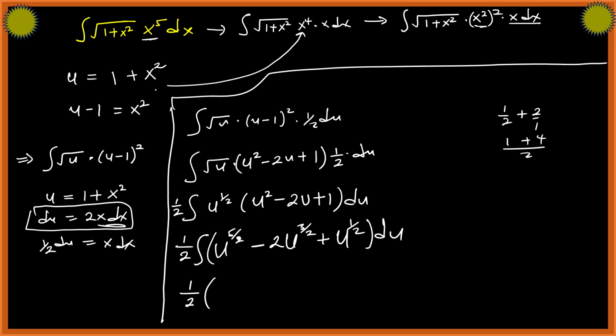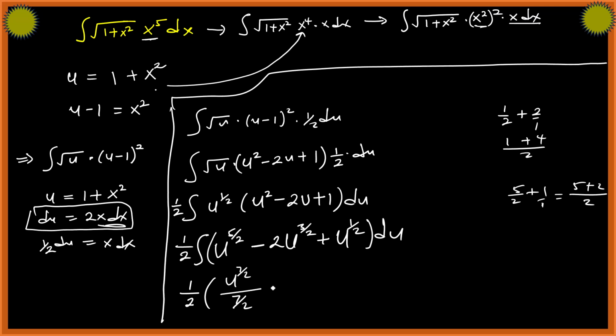For instance, 5 on 2 plus 1, so we have 7 on 2. So we have u raised to 7 on 2 over 7 on 2.